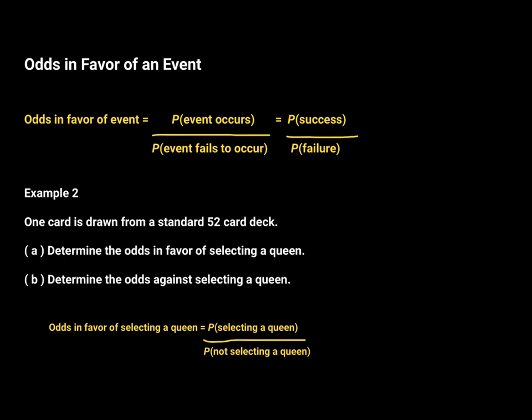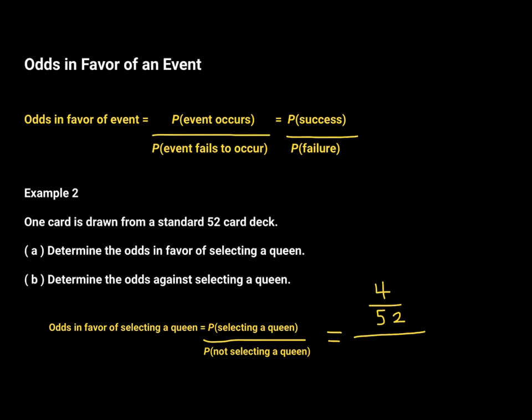Well, there are 4 queens in the deck out of 52 cards total. This is the probability of selecting a queen. Now, how about the probability of not selecting a queen? Well, if there are 4 cards that are queens, that means there are 48 cards that are not, right?